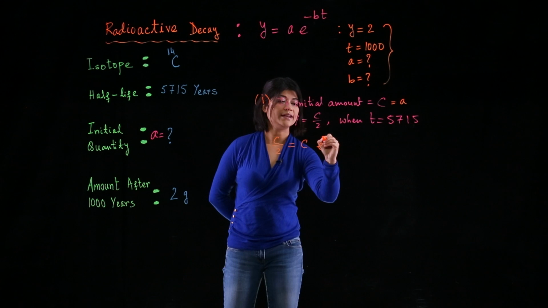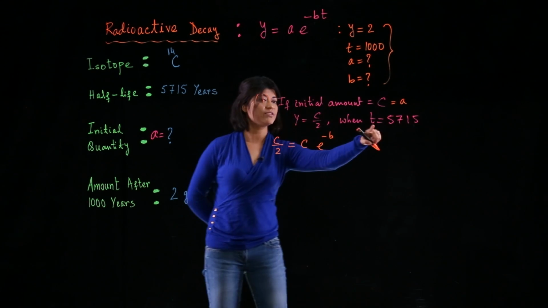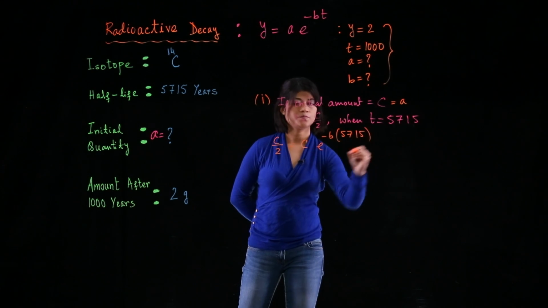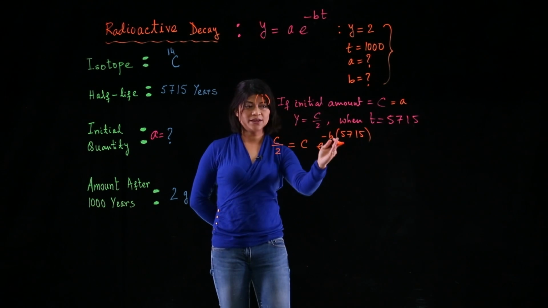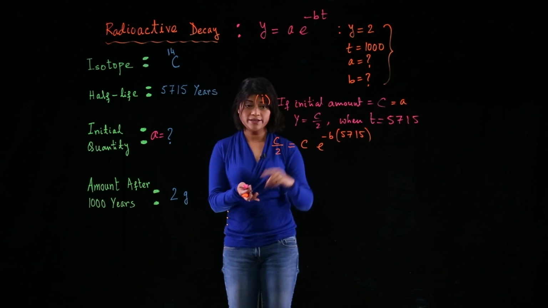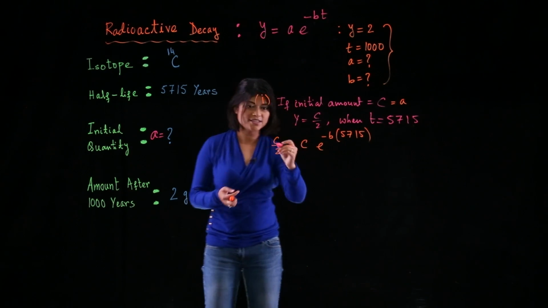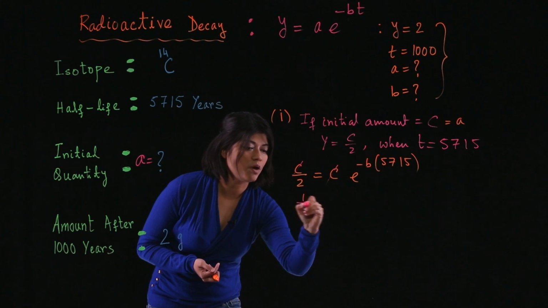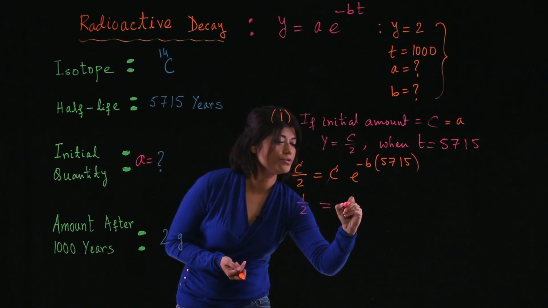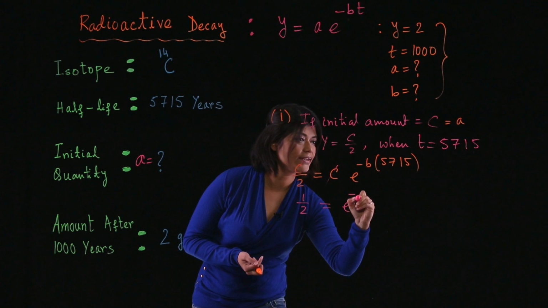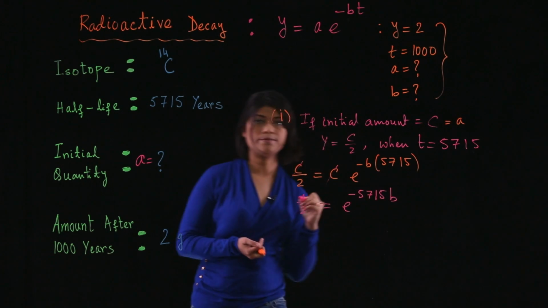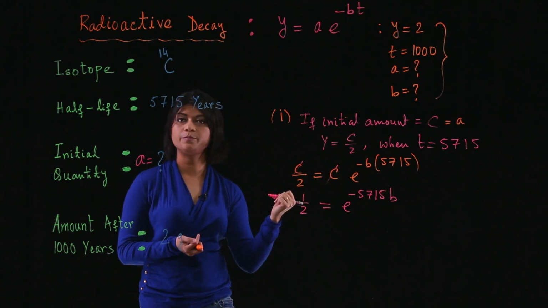E to the power negative b times t, which is given, 5715. Okay, so can we solve for b, even though there is another variable here? Yes, because this c actually will cancel out. So we'll have 1/2 is equal to e to the power negative 5715b.